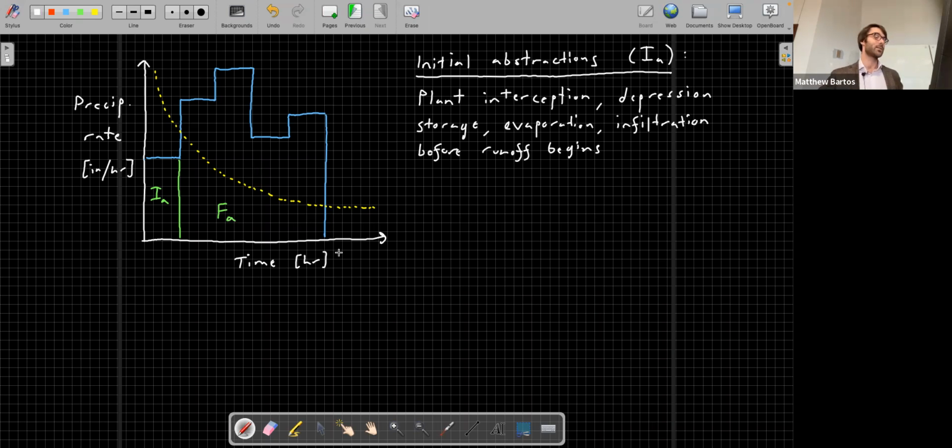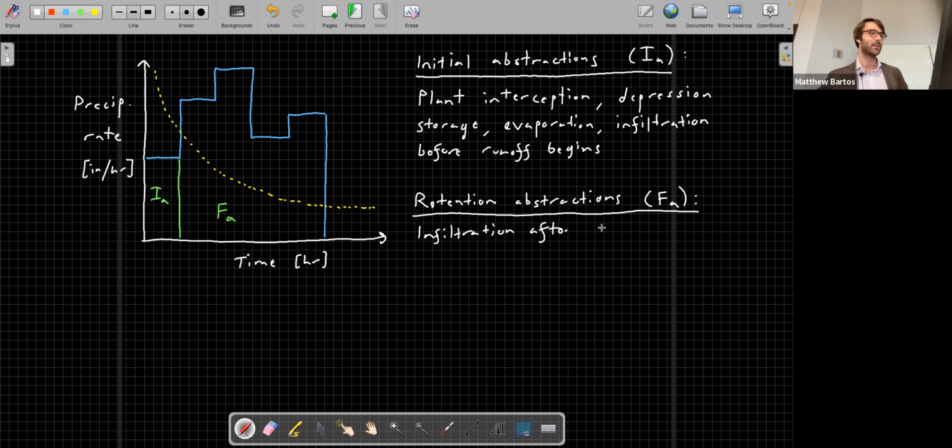In the SCS method, this is called the retention abstractions. You can think of it as the infiltration after runoff begins. So this is FA, which I will define as infiltration after runoff begins, and it will generally decrease with time.